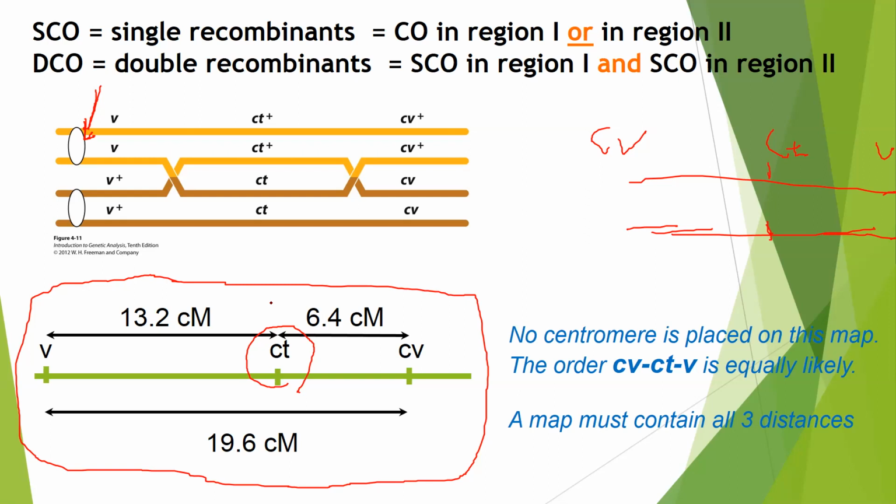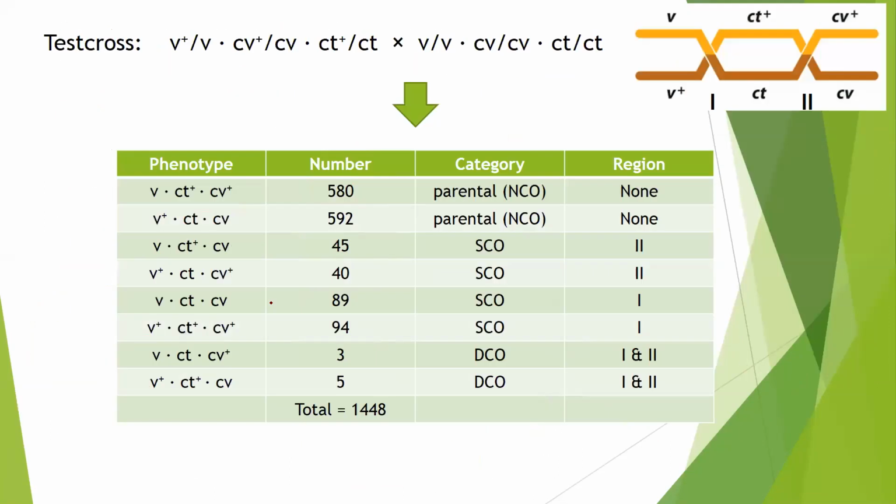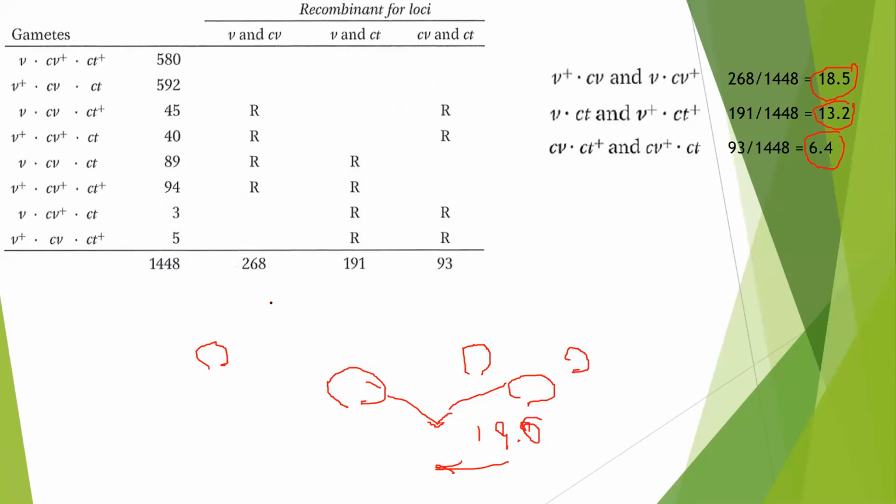We can expand this model to 3 genes, so we can easily map 3 genes to see how they are arranged on the chromosome. This is the table I just showed you, right? We can use this table to map the 3 genes, and there's a strategy for doing this.